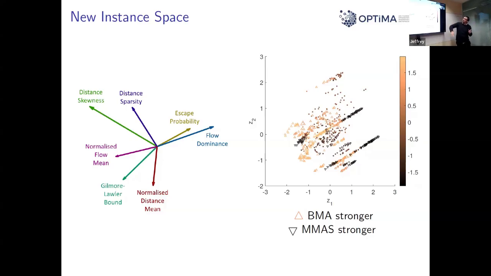But the two flow features are just about collinear, and the distance features are, very loosely speaking, perpendicular. So what this instance space is now boiling down to is the properties of the distance matrix in one direction and the properties of the flow matrix in the other direction, which is where these lines you can see come from. Those are instances where the flow matrix is changing, but the distance matrix isn't really.